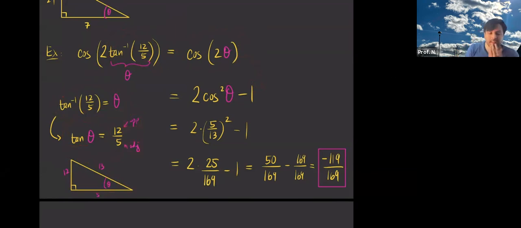And then I realize that this is another Pythagorean triple, so 5, 12, 13. And once I have this right triangle, I can deduce that cosine of the angle must be 5 over 13. And once I have that, plug in the formula and you do the arithmetic, and you find that negative 119 over 169 is the value of cosine of twice the tan inverse of 12 over 5.